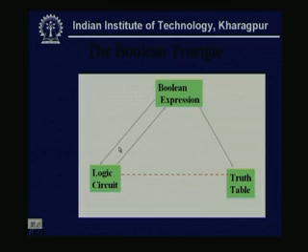Now, see, if a Boolean expression is given, I can draw the logic circuit. In the reverse direction, if the logic circuit is given, from there I can also compute the Boolean expression.